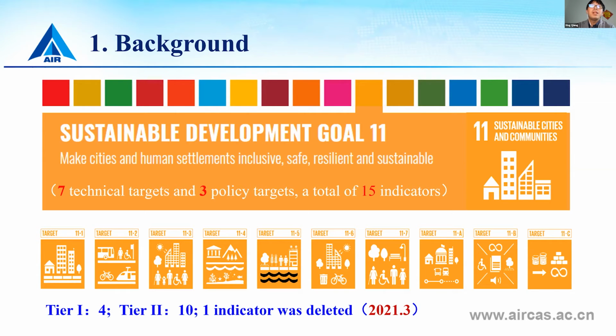It describes the data. Tier 1 means it has methodology and also data. But Tier 2 means it has a methodology, but still lacks data. So now our work is to use big data technology to develop as much data as possible and to assess the urban sustainability.